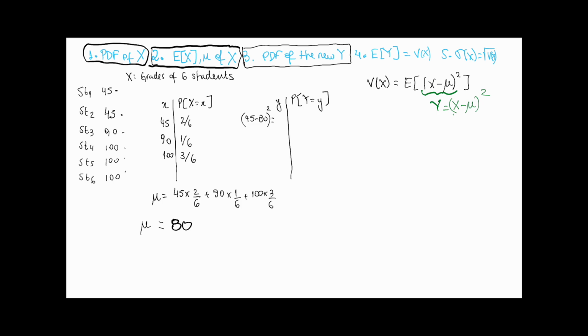This is 45 minus 80 squared. This is a big number. Let me give myself some space. This is 1225. Okay, so this is y. This is the probability of y equal to y.